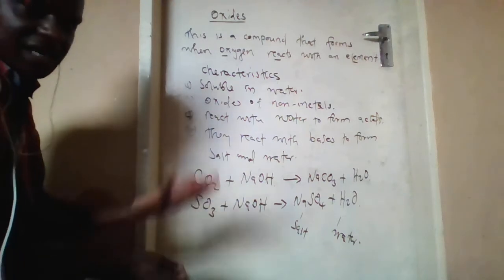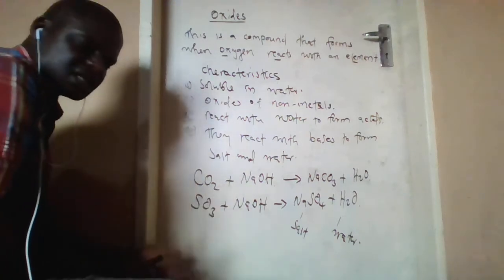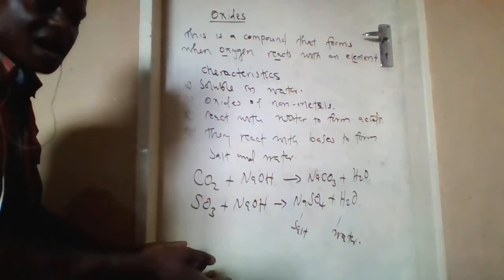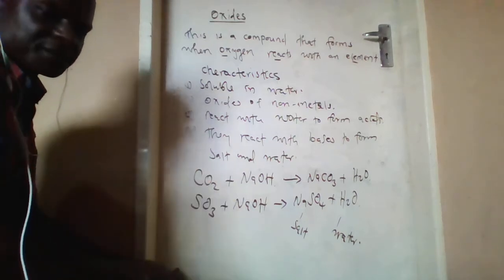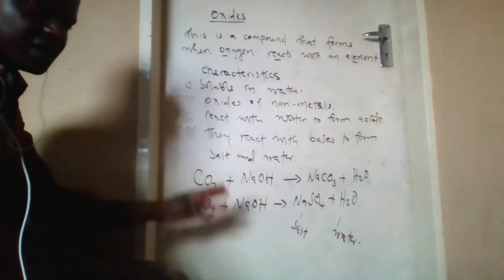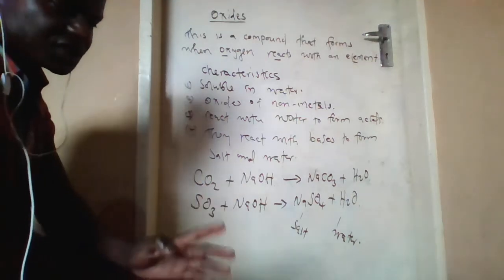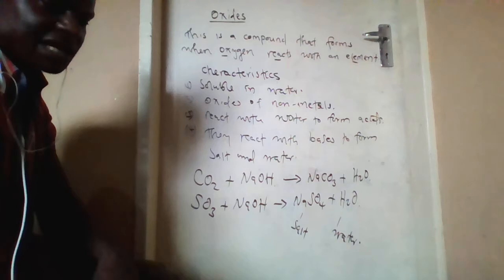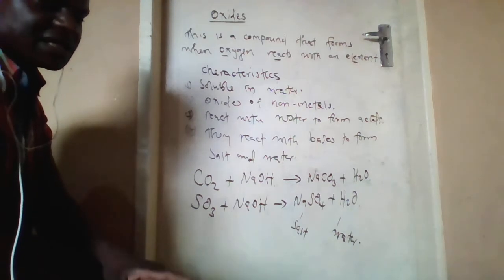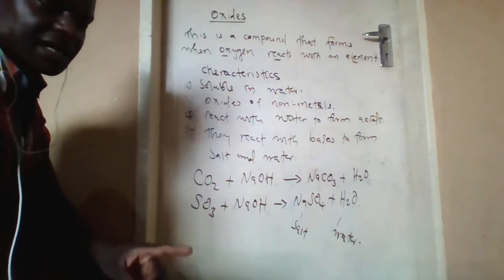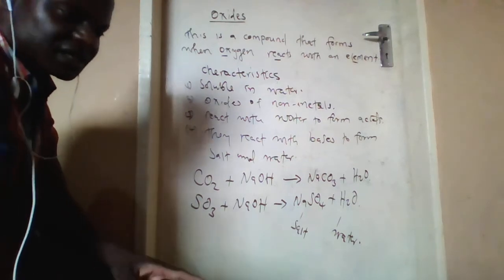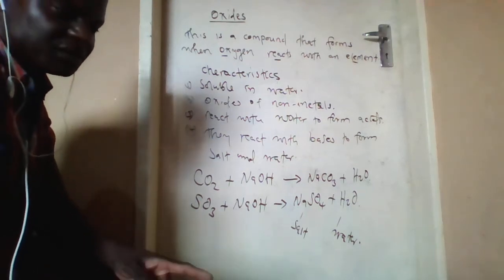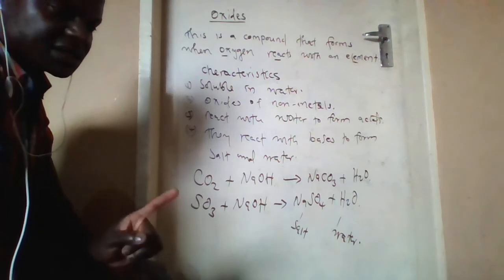At least there is a clear-cut distinction between acidic oxides and basic. Basic are of metals except aluminium, lead, and zinc. All the metals, when they react with oxygen to form a metal oxide, that oxide is basic, provided the element which is a metal is not lead, not aluminium, and not zinc.